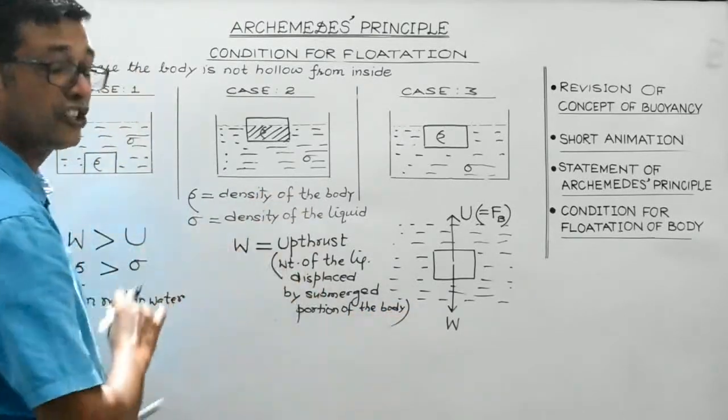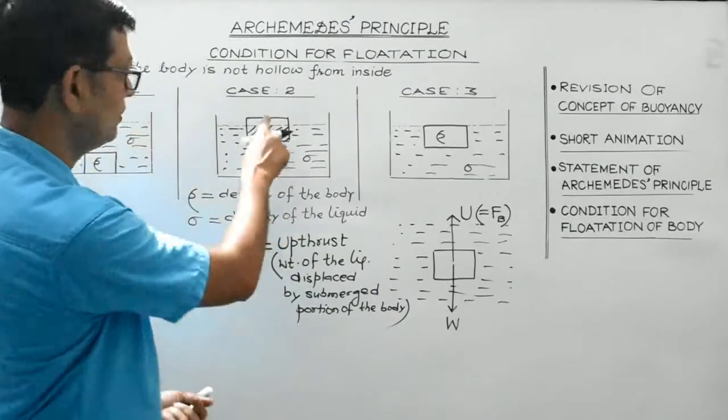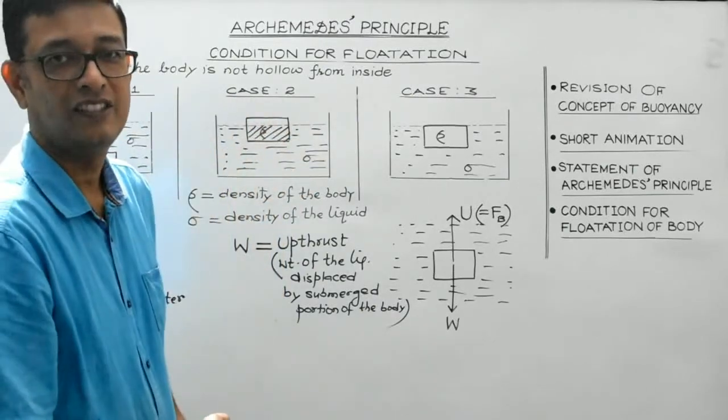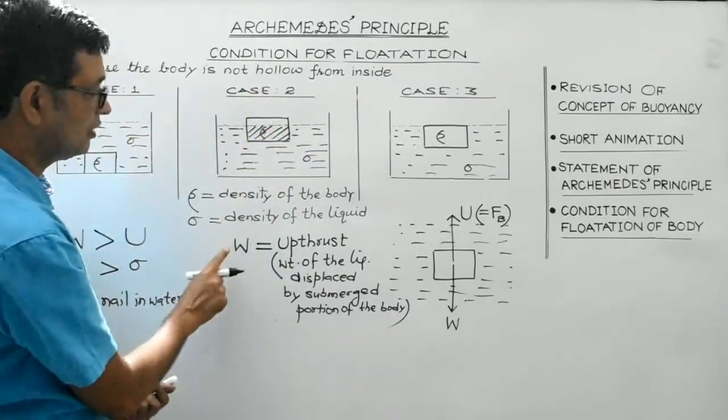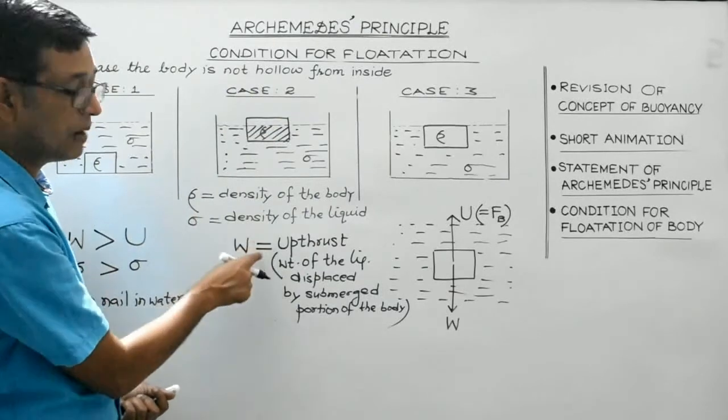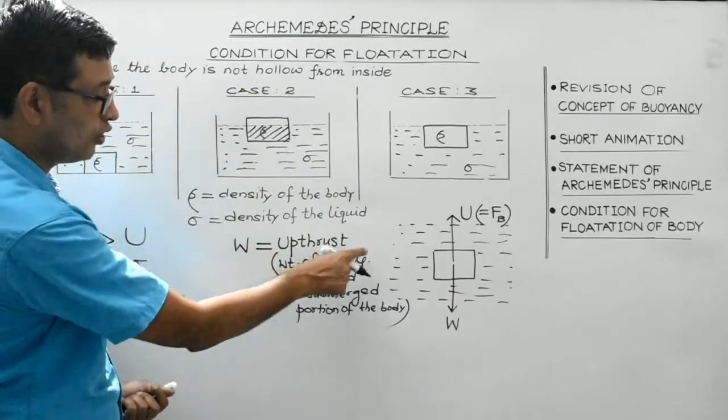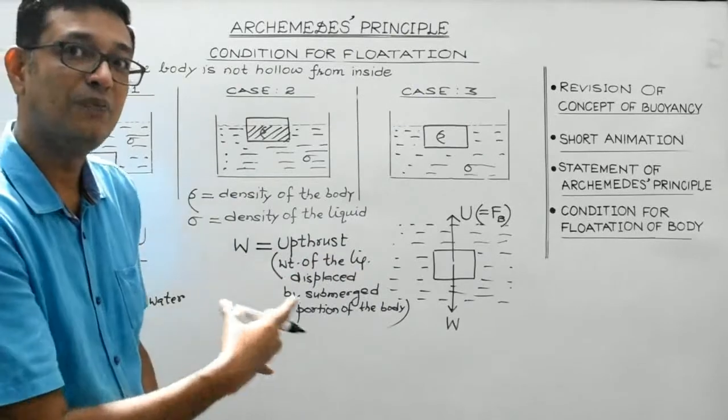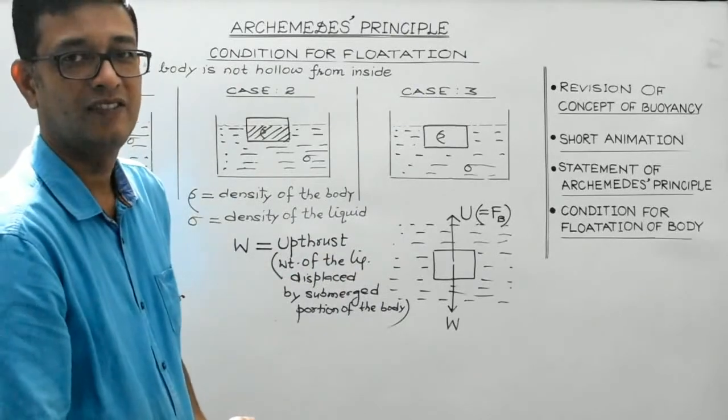So when this condition gets satisfied, then the body will float on the liquid. For this to happen, the weight of the body must be exactly balanced by the weight of the liquid displaced by the submerged portion of the body.